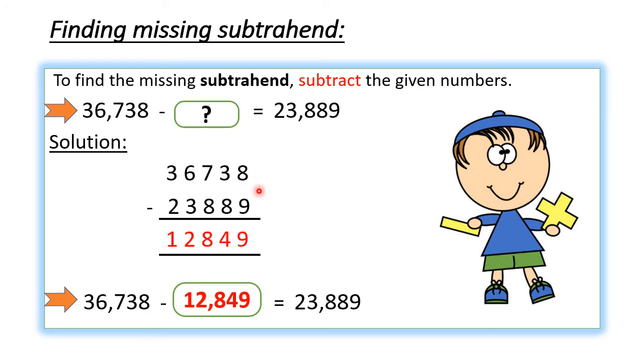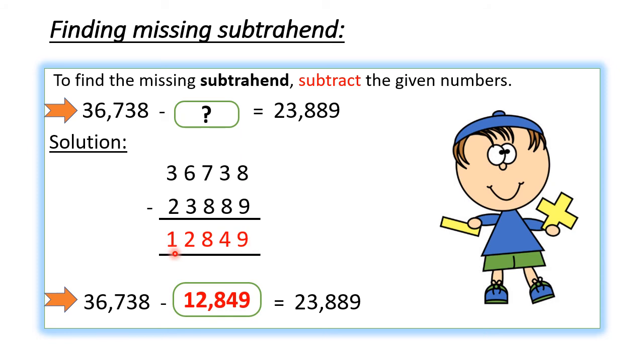In writing the numbers in vertical form, we will always keep the biggest number at the top. In this example, the minuend is the biggest. So our first number will be the minuend, second number will be the difference, this number, and then we will subtract these two numbers to find the subtrahend.